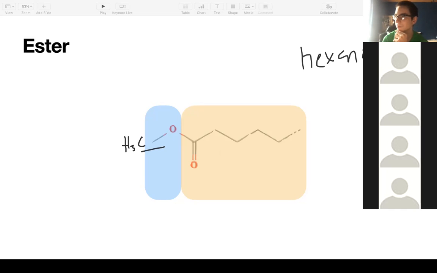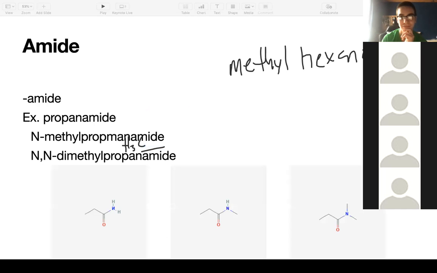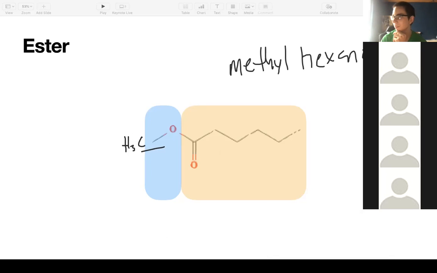Maybe this helps out. Methyl. Methyl hexanoate. So yeah, this one is methyl hexanoate. Any questions on naming esters?